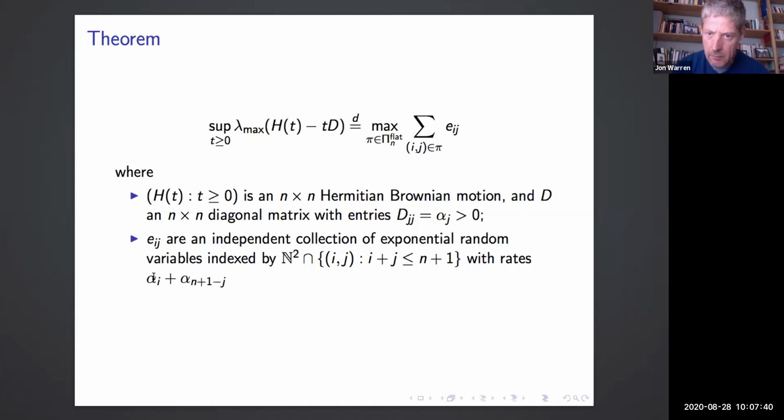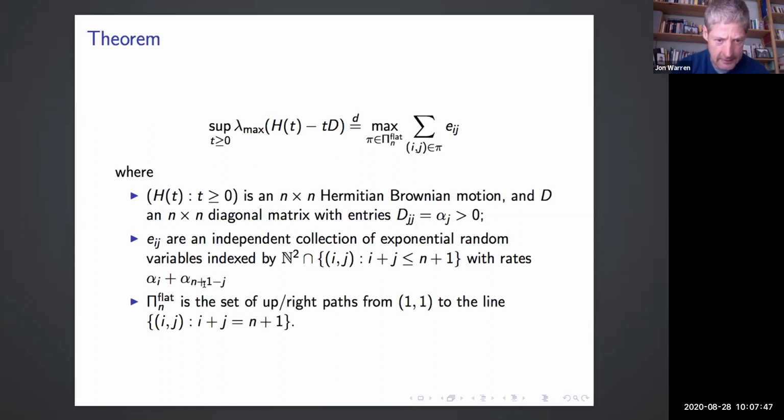And then what we're doing, this construction here on the right-hand side, is a very classic construction. Now pi is a path through the integer lattice, starting at the point 1, 1, and ending up somewhere at a point whose coordinates sum to n plus 1. N here is the dimension of the Hermitian Brownian motion on the left-hand side.